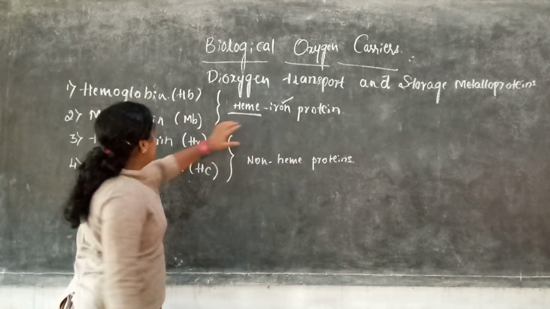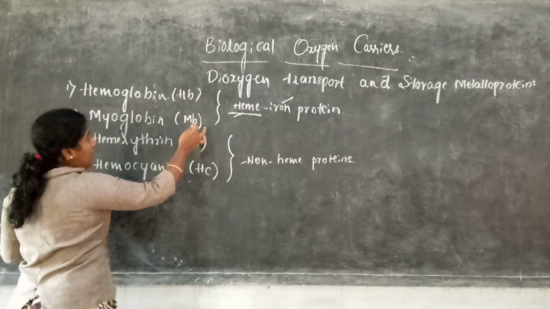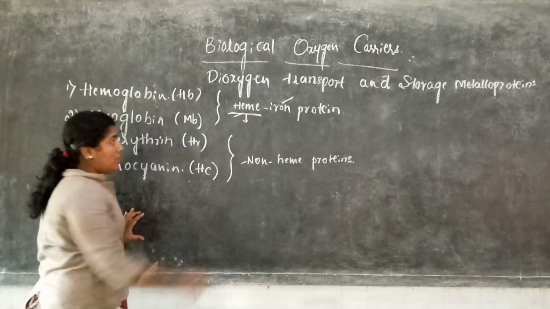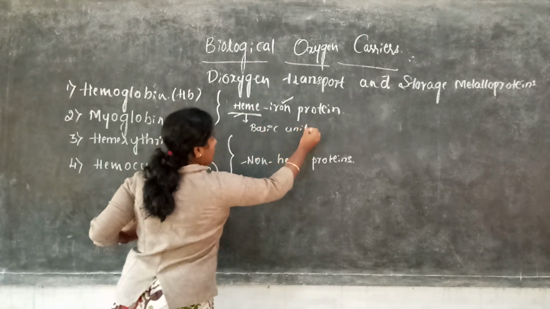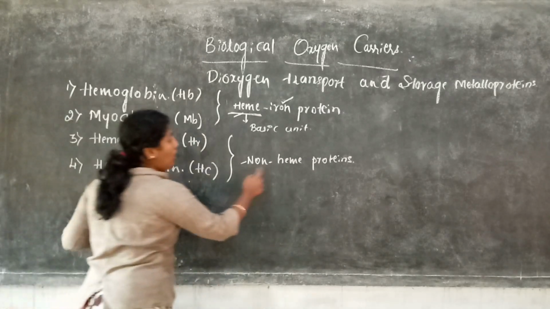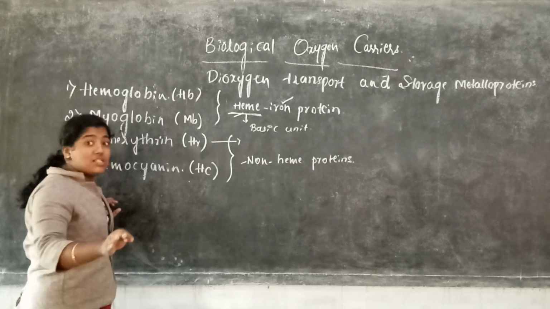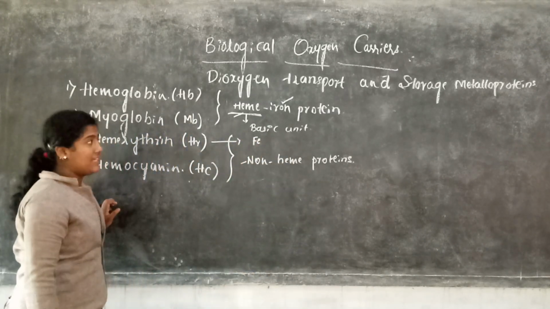Here hemoglobin and myoglobin containing heme is the basic unit. Hemerythrin is a non-heme protein and also contains iron in the active center.